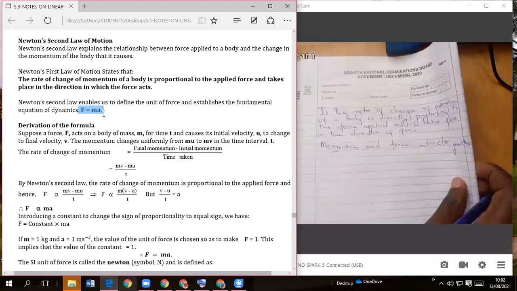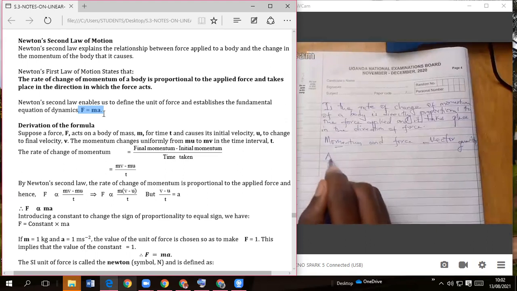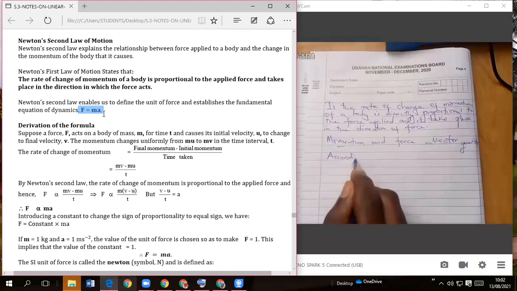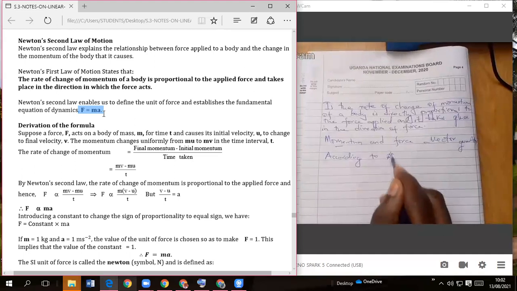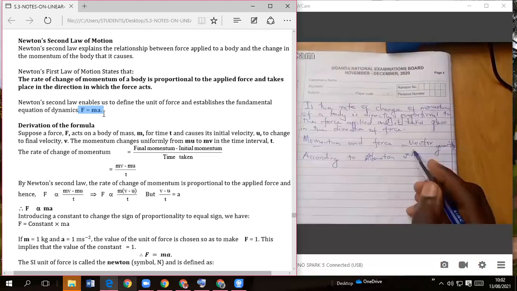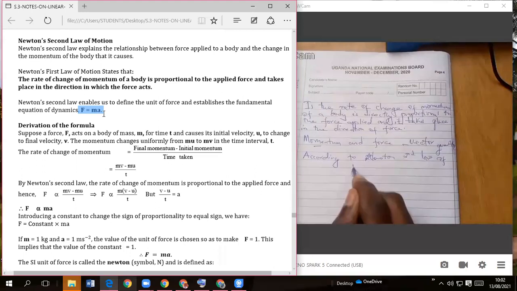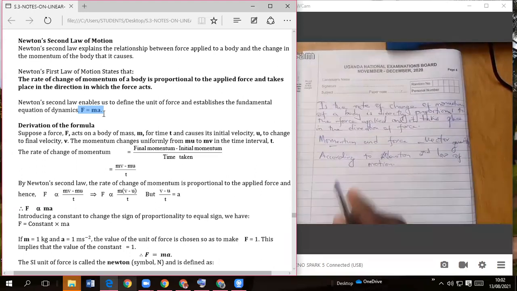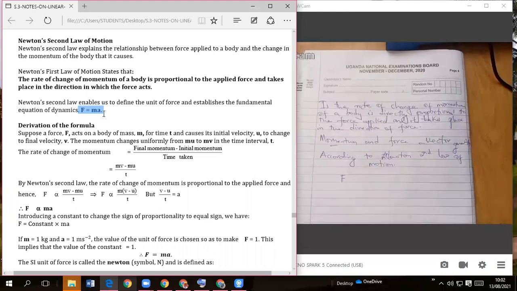Moving forward, according to Newton's second law of motion, the force applied is directly proportional to the rate of change of momentum, and the rate of change of momentum is given by ma.